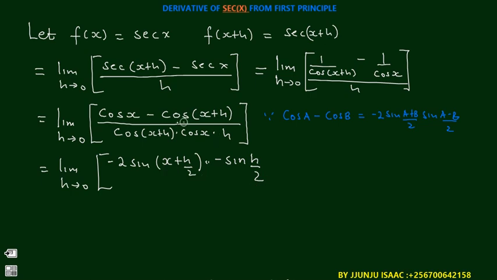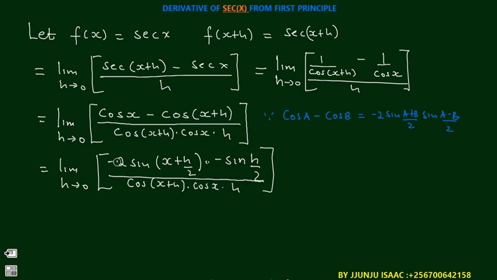Hope you have got it. This is x minus x plus h, so we shall get negative h, then divide by 2. So this is over cos of x plus h times cos x times h.